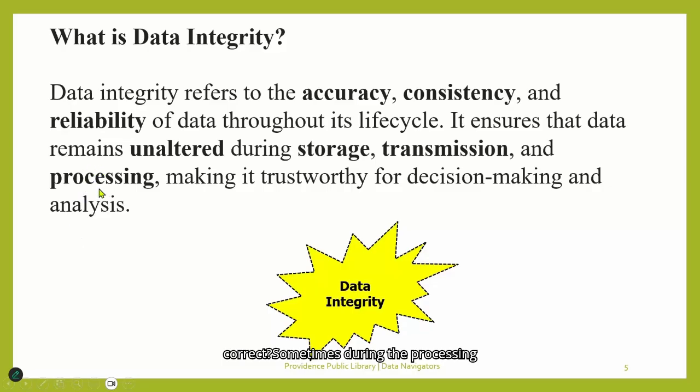Sometimes during the processing phase, we'll make some mistake. So what we'll do is check the file size that we downloaded and what we processed, and check that the file size is matching and the records are matching. In that way, we ensure that the data is intact. All right. So data integrity. Definitely they will ask this in entry-level interview questions: what is data integrity?